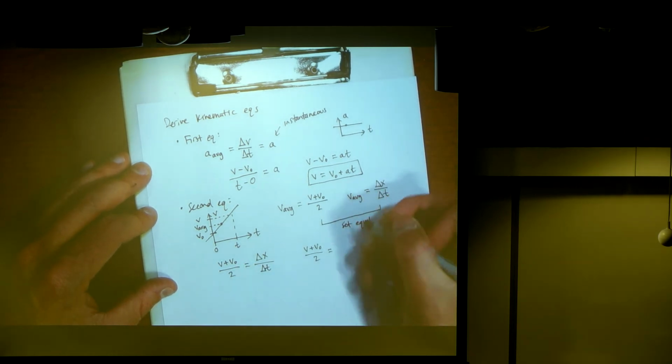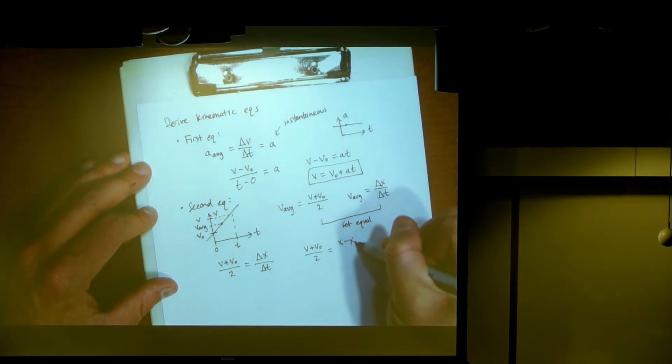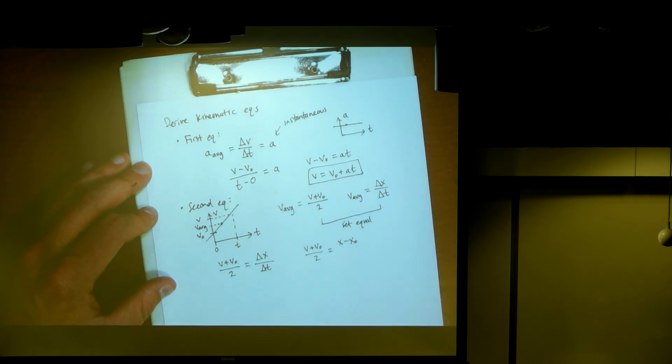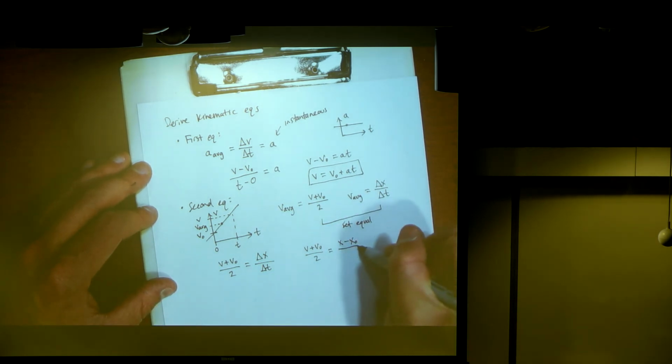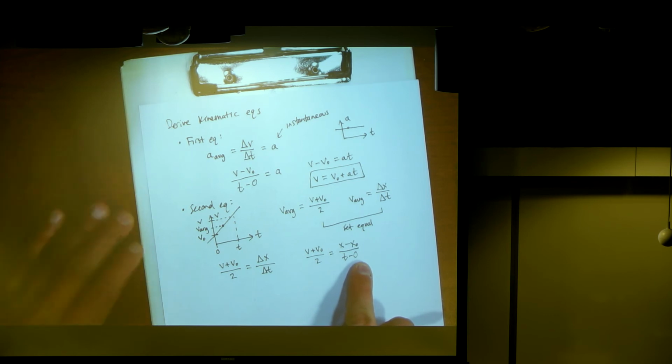In our new notation, for the final x, we just call that x. For the initial, we call that x0. So I'm going to write this as x minus x0, okay? And then for delta t, that's just t minus 0, because our initial time is 0, okay?